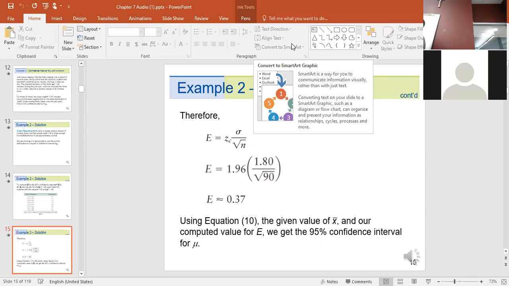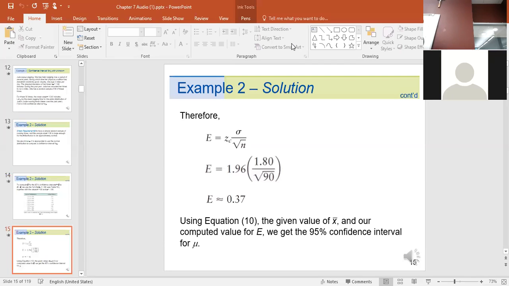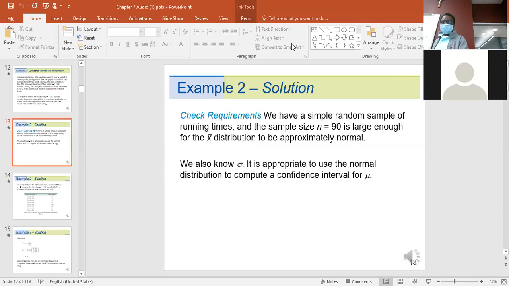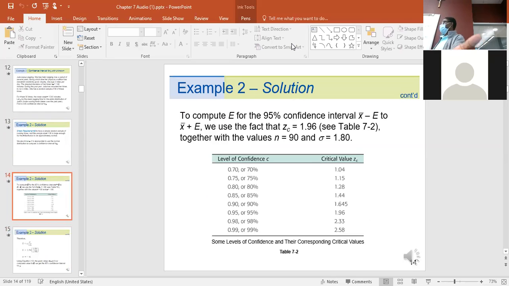When C equals 0.95, Z alpha over 2 equals 1.96. To get it, go to your calculator, second function, distribution, inverse normal, 0.025. Or you just look at the table here. I have this table 2 or 3 times in this PowerPoint.